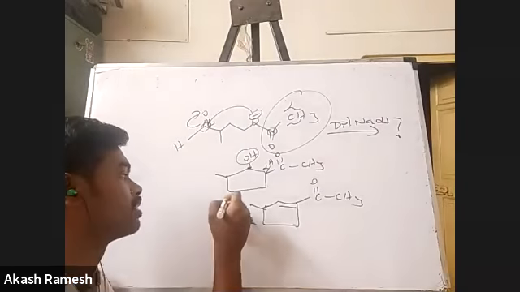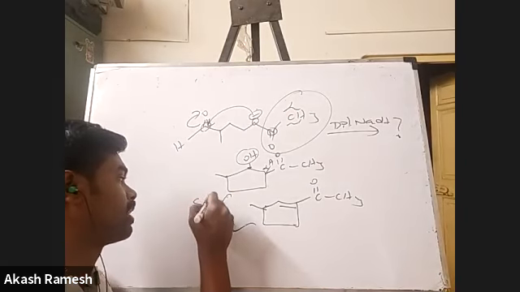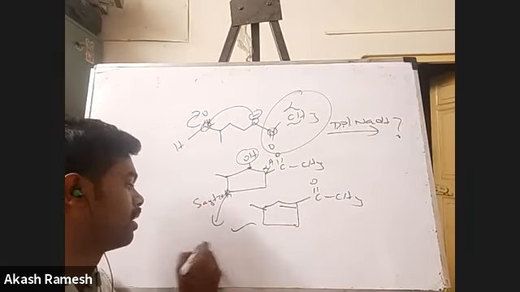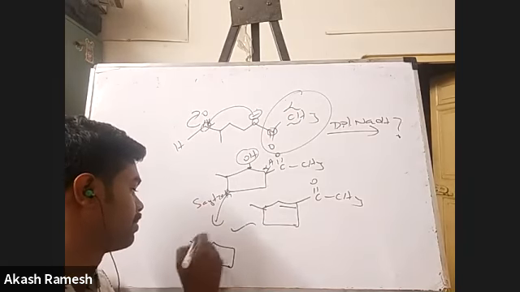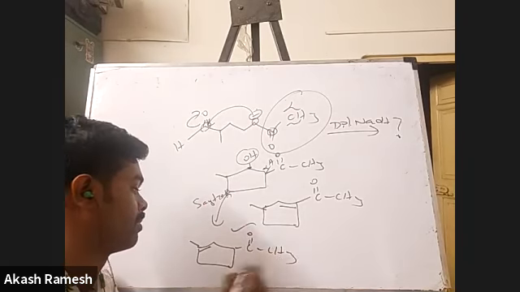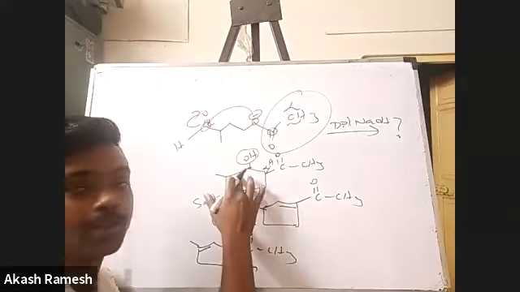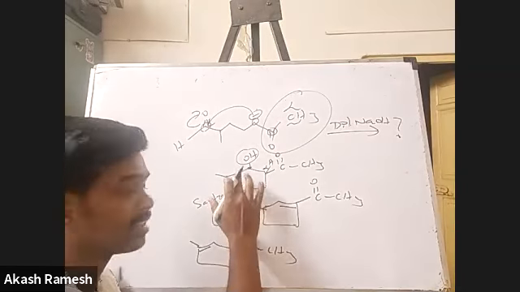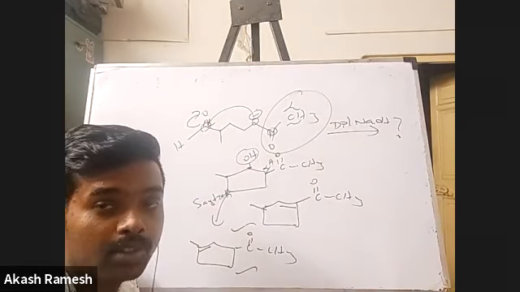Sir, I didn't understand the Saytzeff's rule thing. So if I followed Saytzeff's rule, if this is the Saytzeff product, I would have got this one, is it not? Because this is more substituted. Correct. Saytzeff's rule says that the double bond should be formed between carbon atoms which are more substituted.